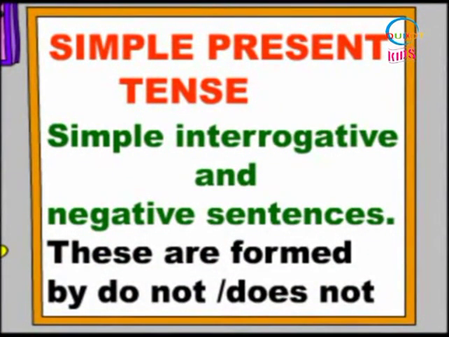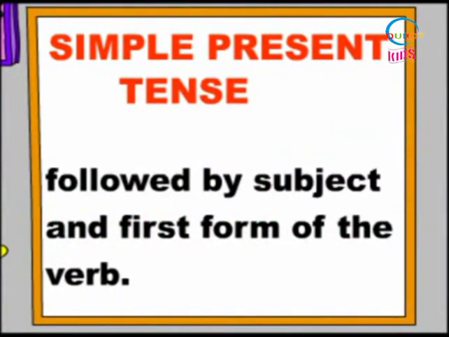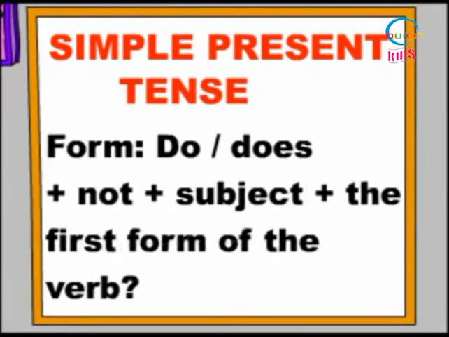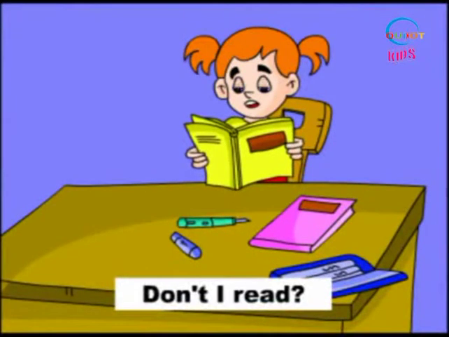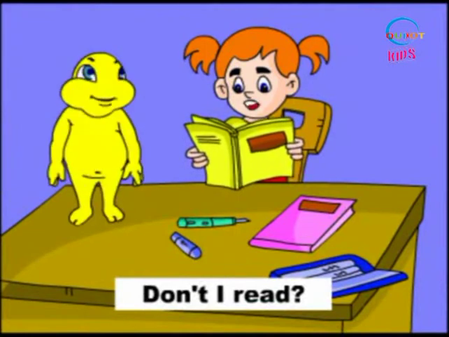4. Simple interrogative and negative sentences. These are formed by do not, does not, followed by the subject and the first form of the verb. Form: do or does plus not plus subject plus the first form of the verb. Examples: Don't I read?